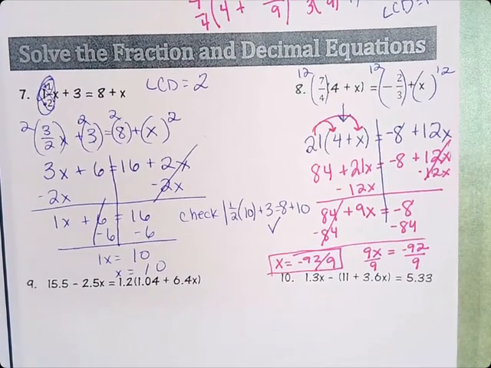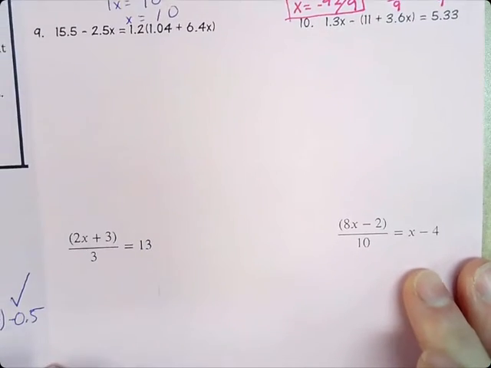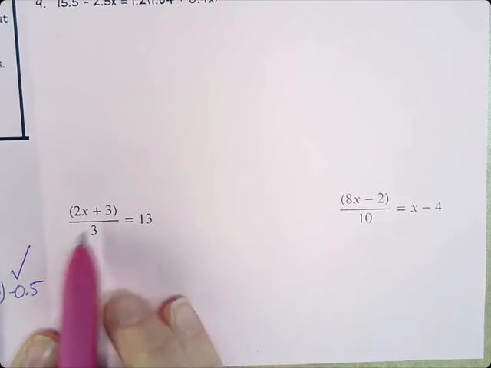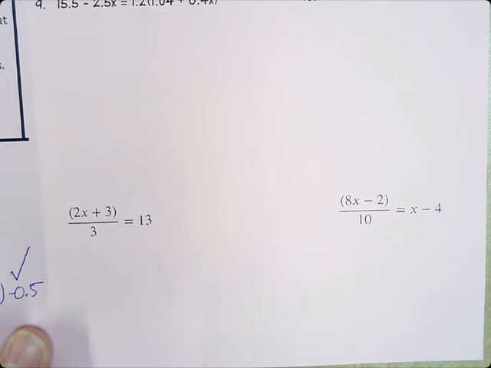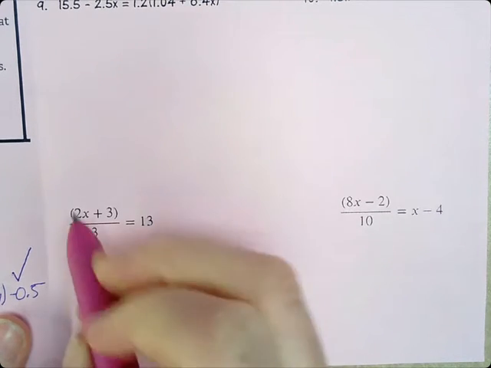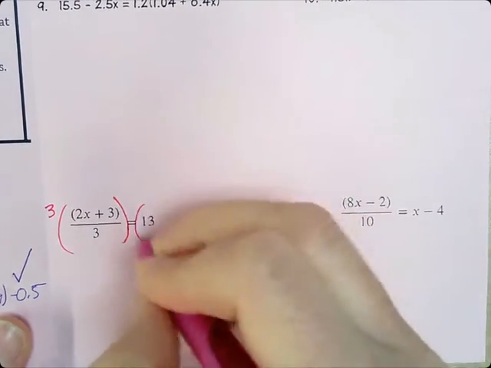Okay, let's skip 9 and 10 and let's just go down to these bottom two. All right, so this is like one that we did earlier from our worksheet. So we would look and see what we need to multiply to get rid of that denominator. See how this is divided by 3? Multiply times 3 on the left side and on the right side.